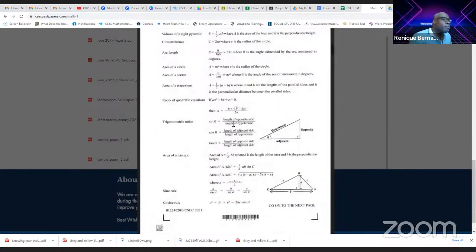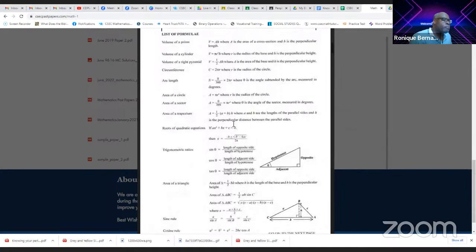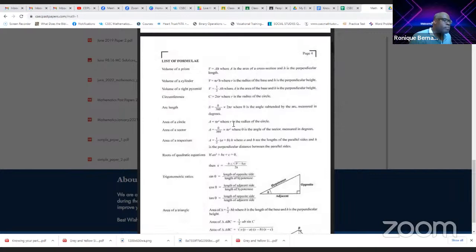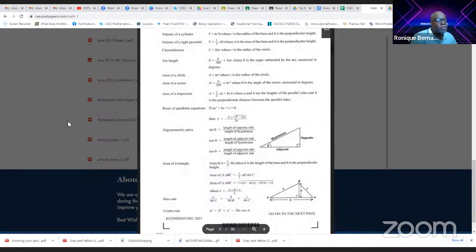The Pythagoras theorem is not there, but you will need the Pythagoras theorem for question 2. So let me give you the Pythagoras theorem.